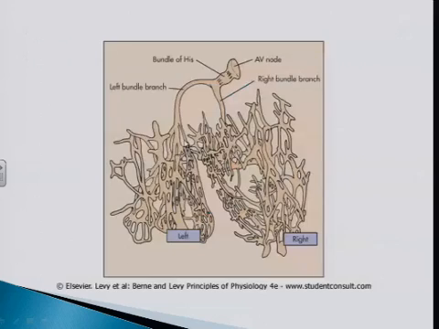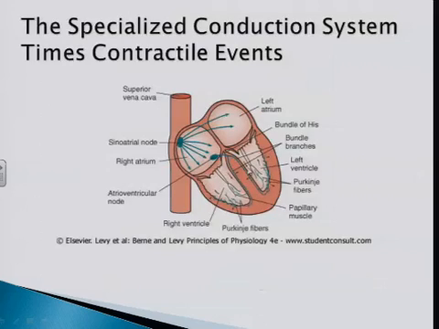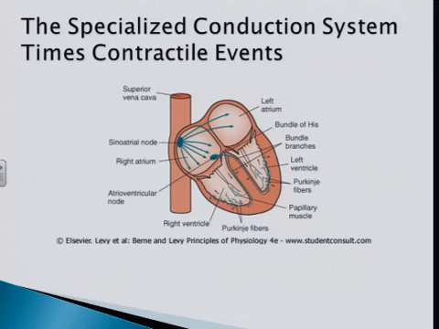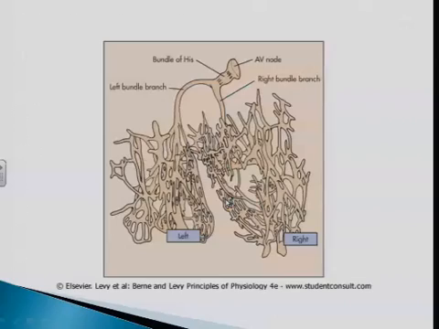Sinoatrial node to atrium, or to AV node through the ventricle, atrium contracting. It's much more detailed than it might look in this diagram. There's an anatomical diagram that's been dissected from the tissue, showing how widespread this His-Purkinje network is in providing you with your uniform conduction.